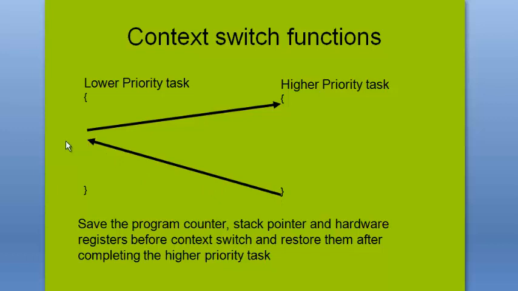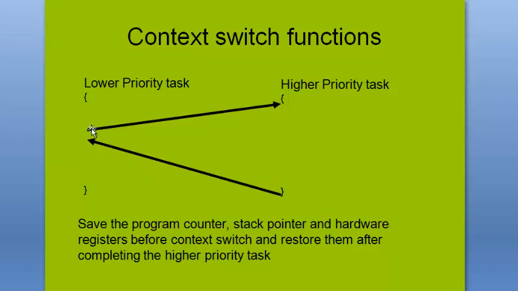Now, in order to run, the lower priority task has to know where it was stopped previously. So before switching to the higher priority task, it saves the program counter, stack pointer, and the state of the various variables used in this task. While returning, it restores the program counter, the variables, all the register values, everything.